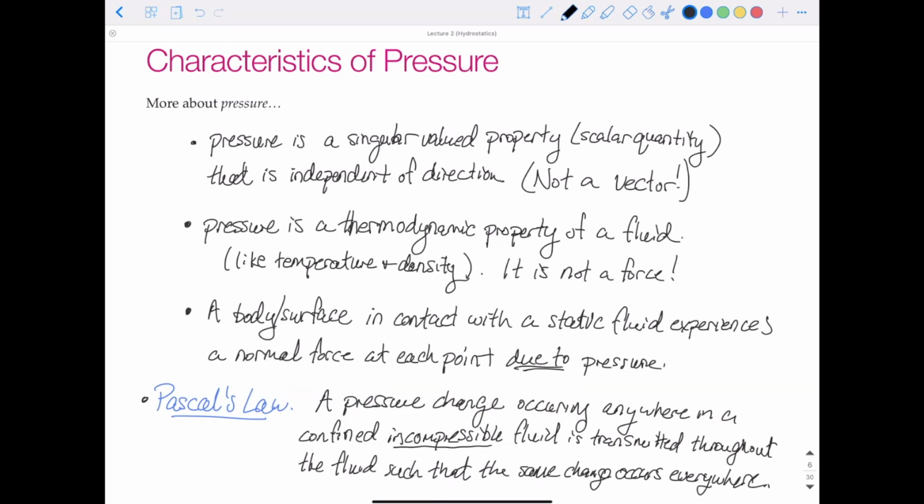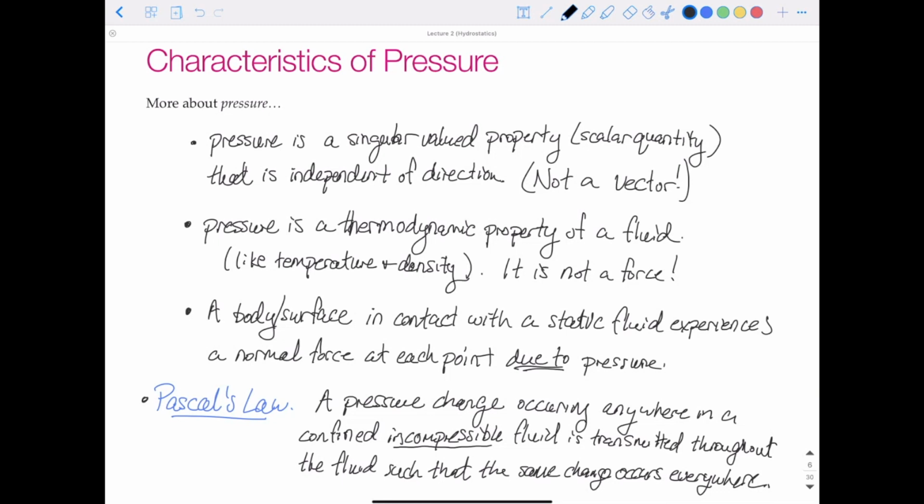So what does this mean? Let's think of hydraulics, which we'll get into an example of later. Hydraulics uses the concept of Pascal's law in order to create a mechanical advantage. If we have an incompressible fluid, that means you can apply as much pressure as you want to that fluid and it will not change its volume. It'll only change pressure.